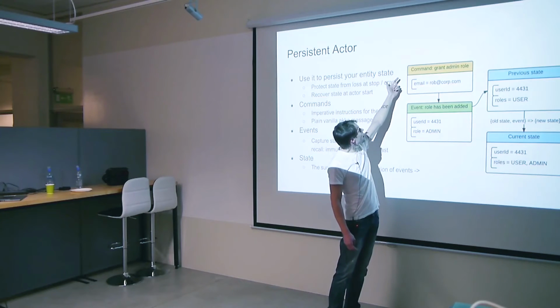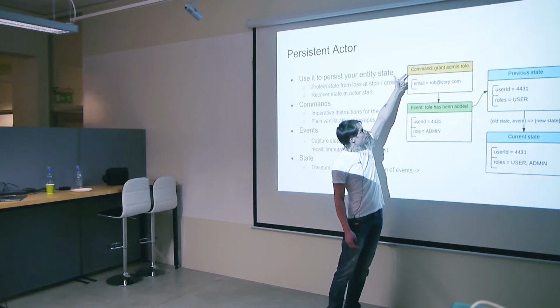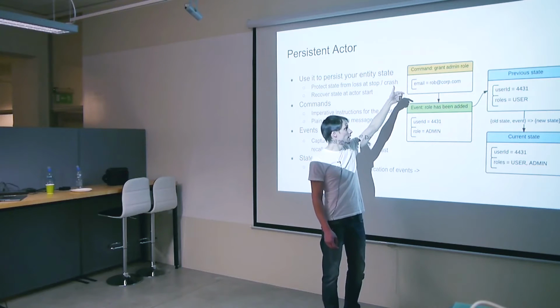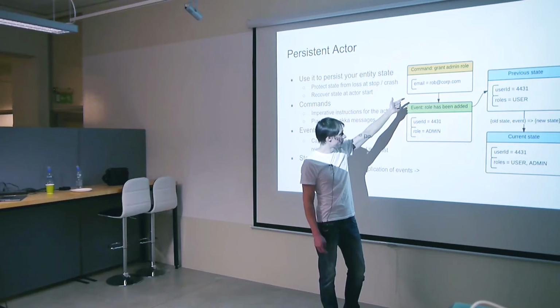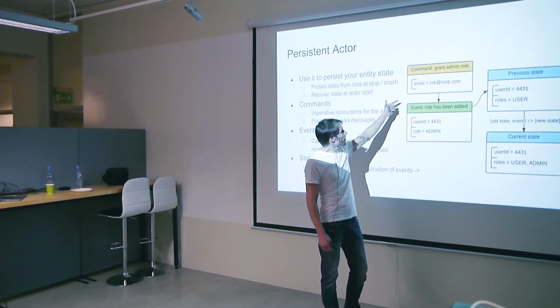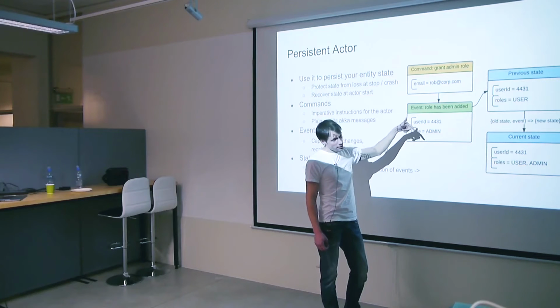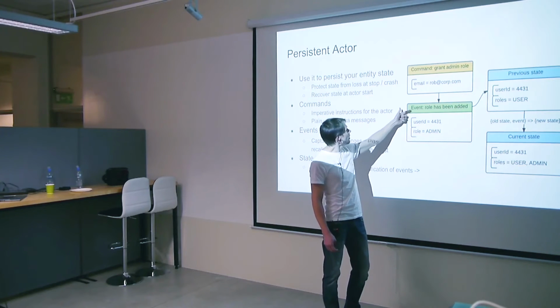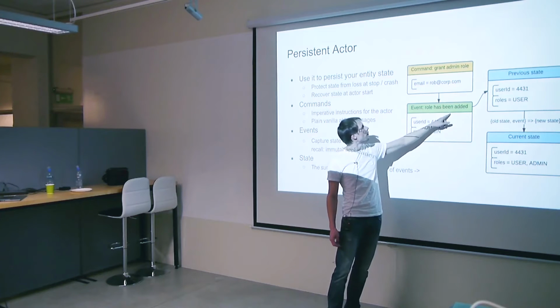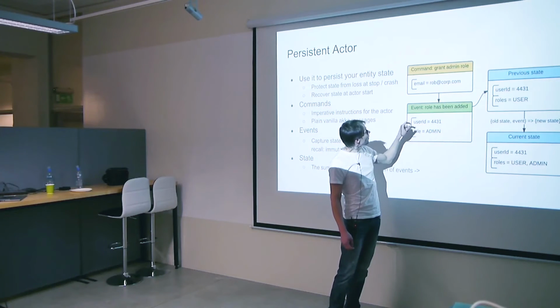The system checks whether the acting user wishing to grant this role is actually an administrator himself. And if all these checks pass, then an event is persisted, or the Akka framework is used to persist the event. The event says role has been added to this user.